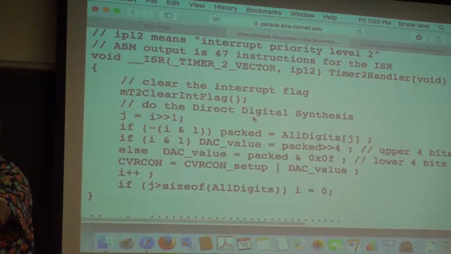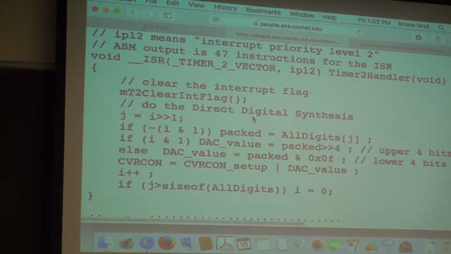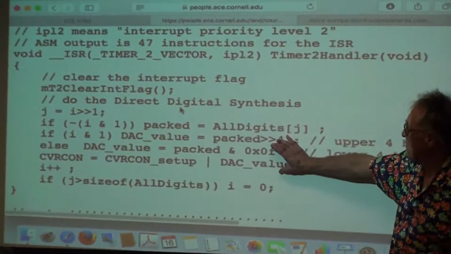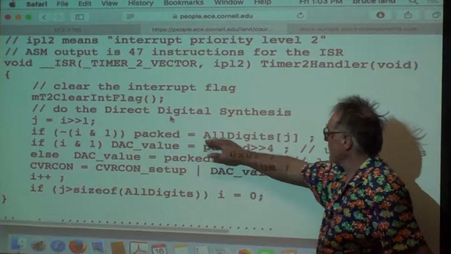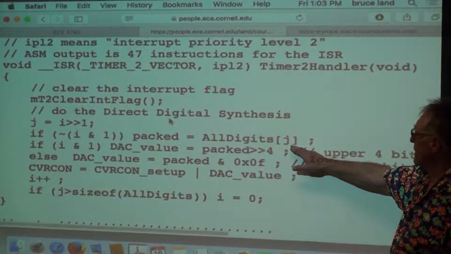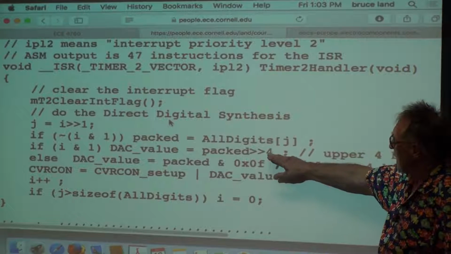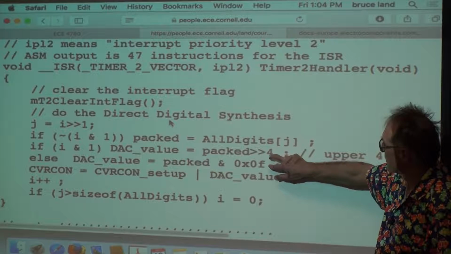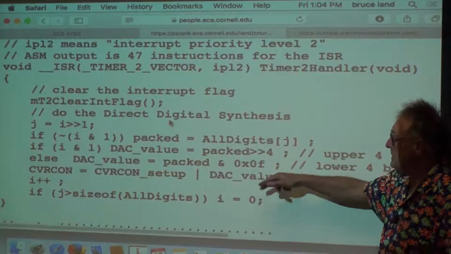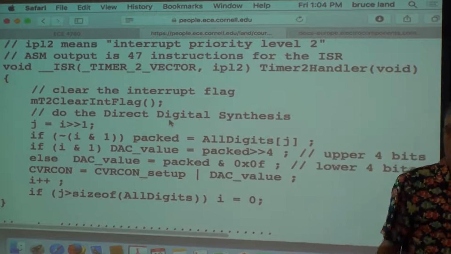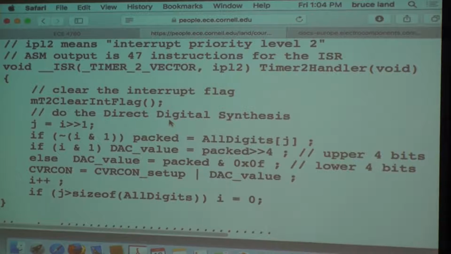You have to put it out on a SPI channel, so if you use this scheme, there'd be the SPI interaction code here. But basically, we're reading the jth entry of the header, deciding whether it's an odd or even sample, and decoding either the top 4 bits or the bottom 4 bits, and then sending those bits to the DAC. If you're happy with 4 bits, that's all you have to do.